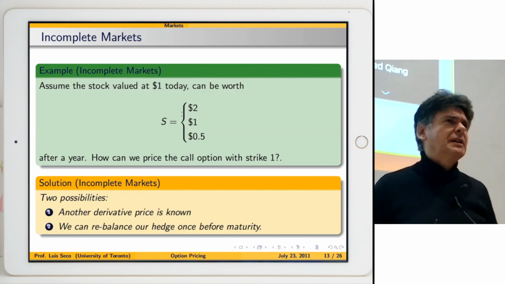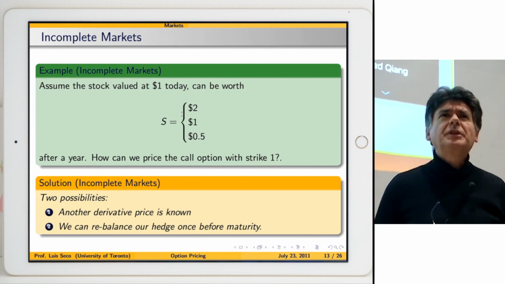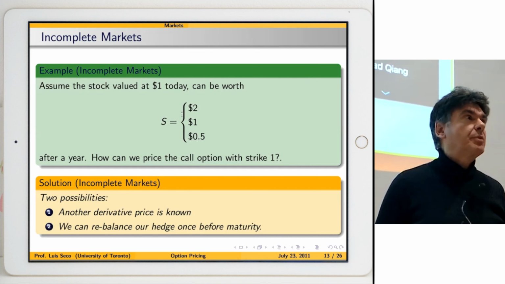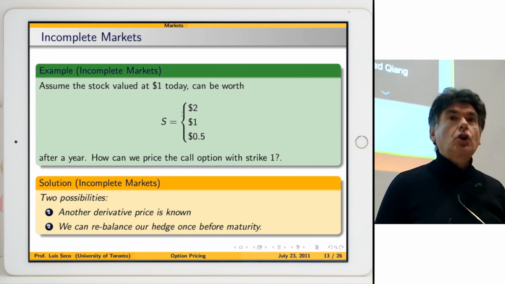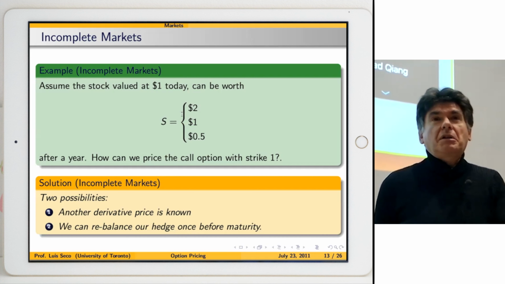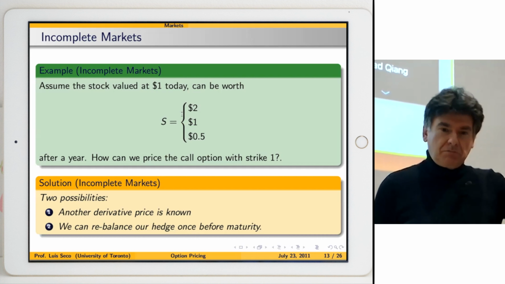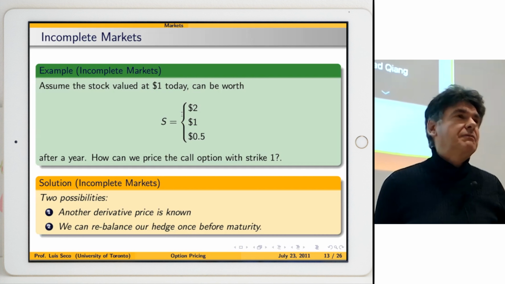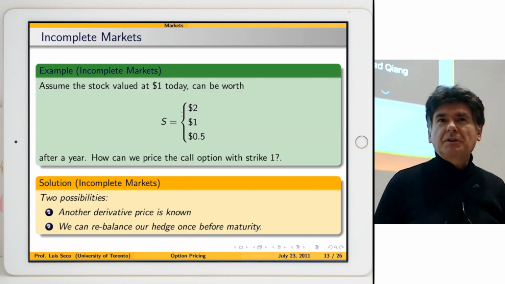Let me go back, I know I haven't proved it yet, but what's the implied probability of the stock going up and down, just looking at the stock? I don't have enough information because I have 3 events, and I have P, Q, R, they add up to 1, and I have 2 equations, 3 unknowns, right? You cannot solve it.